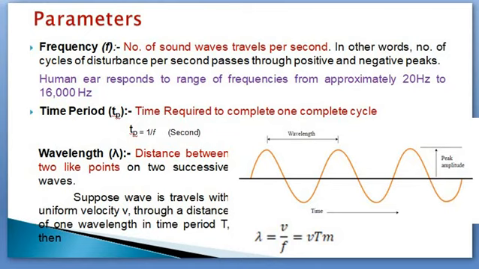The distance between two like points on two successive waves, that is, the distance between two successive peaks or troughs, is called the wavelength. Suppose a wave travels with uniform velocity v through the distance of one wavelength in a time period T, then wavelength lambda is given as v by f, or v into T, and its unit is the meter.